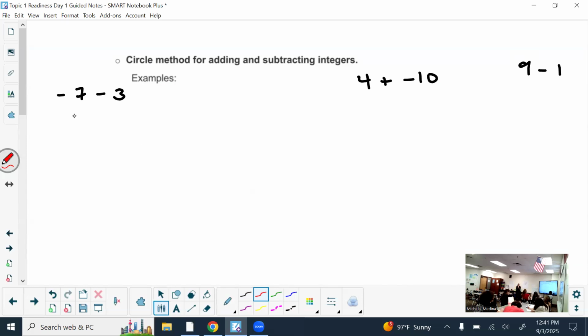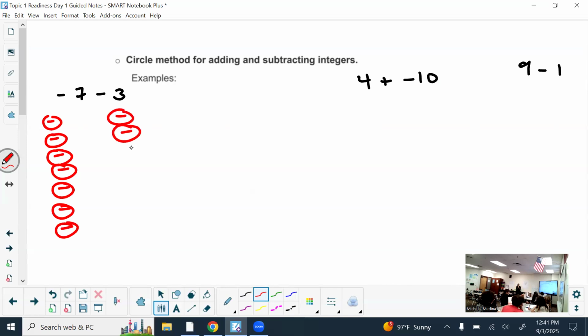So this is a -7. I'm going to make 7 negative bubbles. One, 2, 3, 4, 5, 6, 7. This 3 is also negative. I'm going to make 3 negative bubbles.